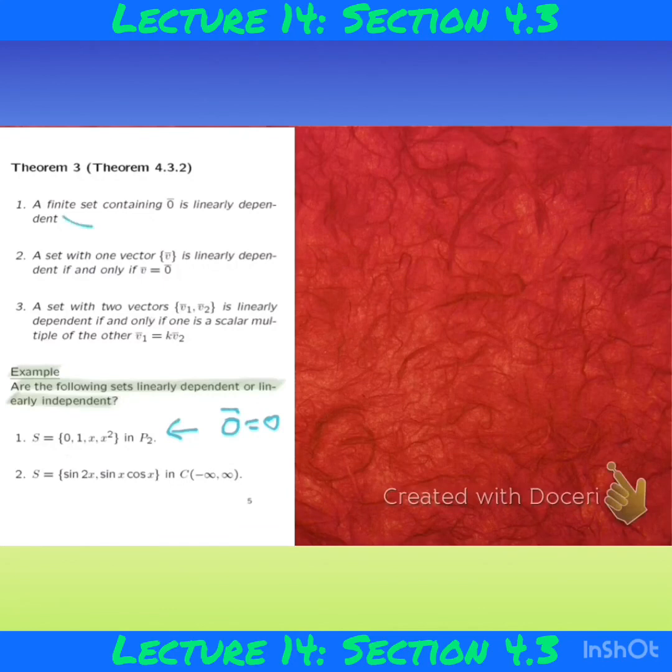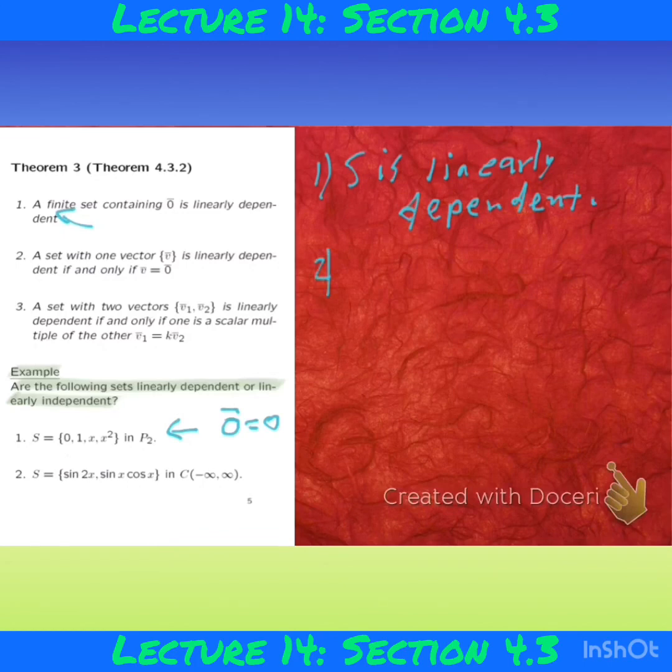So now number 1 tells us if you have a finite set that contains a zero vector, then that set is linearly dependent. So clearly S is linearly dependent, by our theorem.